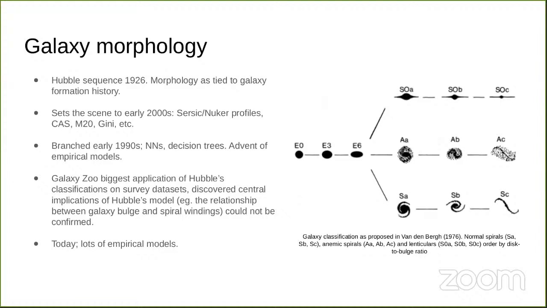So the 90s gave rise to a set of empirical models, and that's where it got started. And if you fast forward to today, there are lots of different empirical approaches and lots of machine learning used in morphology.